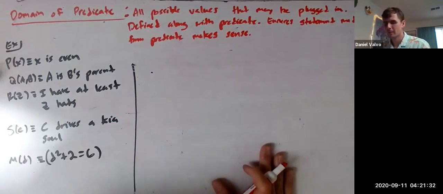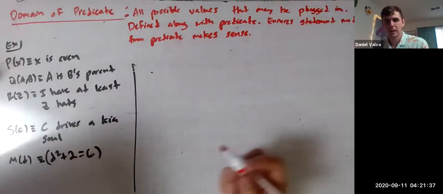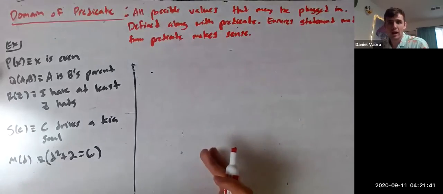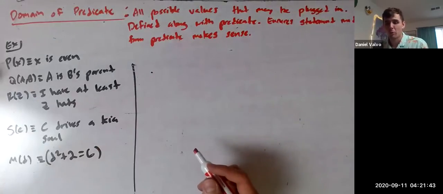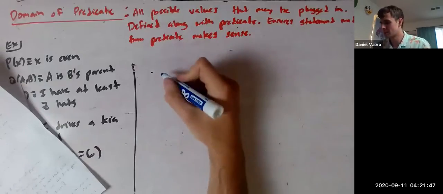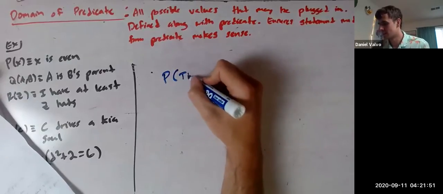So all I'm saying here is that P of X is a statement that is X is even, right? And it makes sense if you plug in a number. But what if I say that what I can plug into X is, like, what is P of Tim Sands?